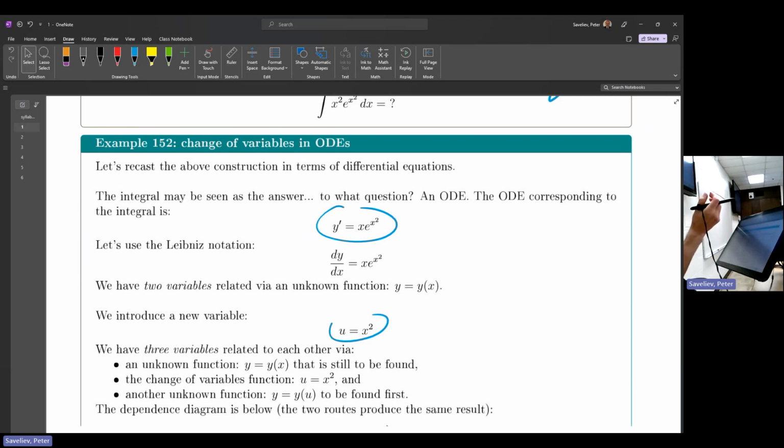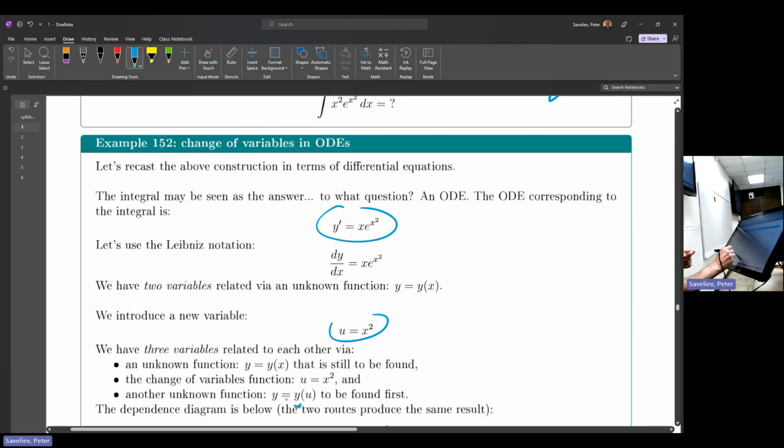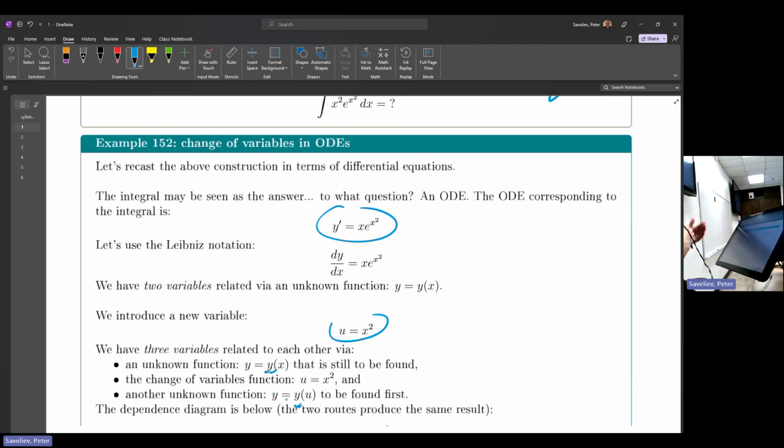It's still to be found, even if it's kind of circular. And then we have a new variable u equal to x squared, and then the unknown function is now another unknown function with the same name. It might appear y depends on x directly, and then y depends on u as well. And so these two are different functions, obviously.